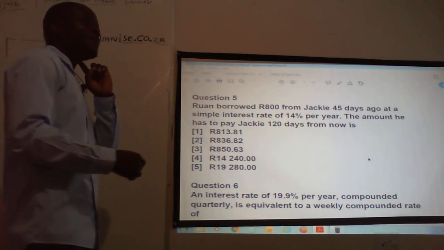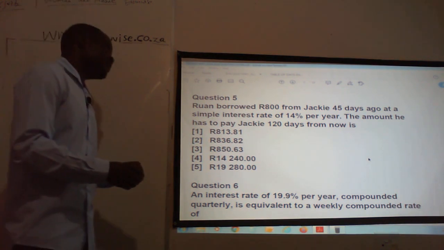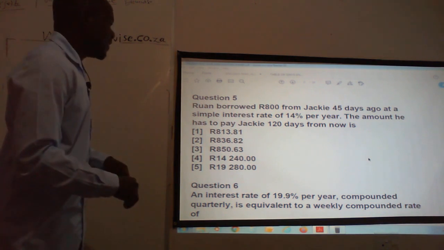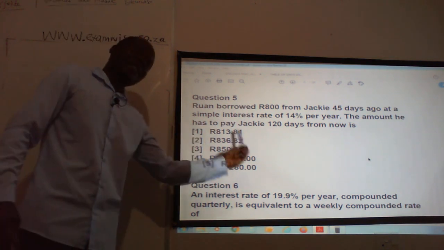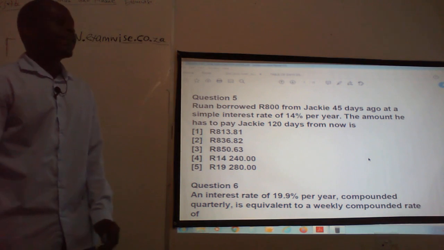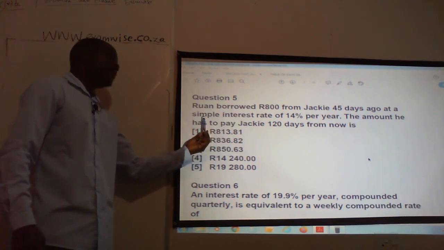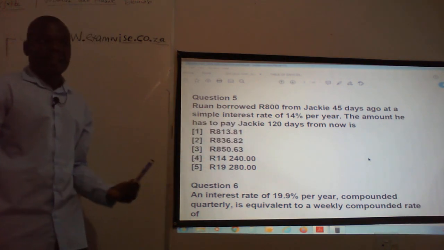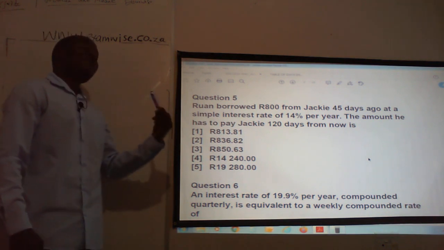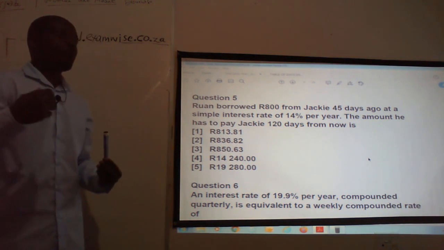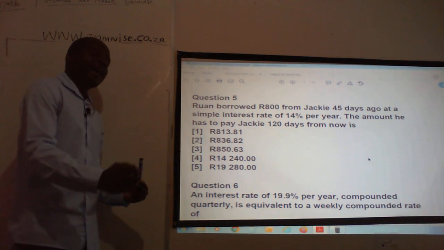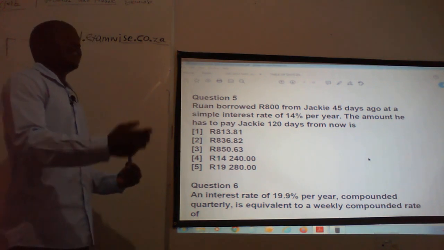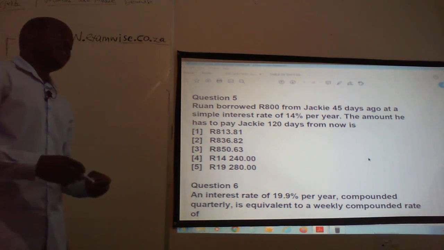If you still remember from question number 1, I said that as long as they are saying simple interest, this is an important guideline. In the exam we don't have time, so we have to quickly determine a guideline, a tip or a technique from the scenario.